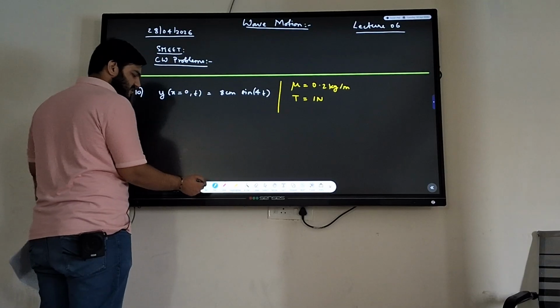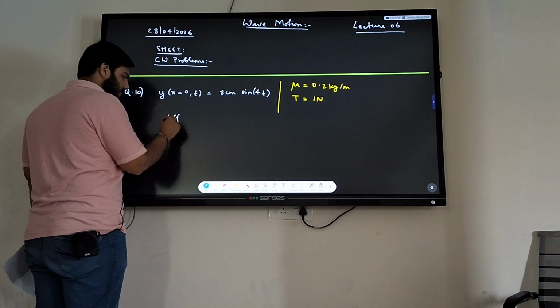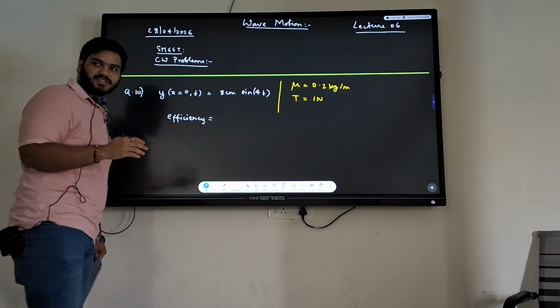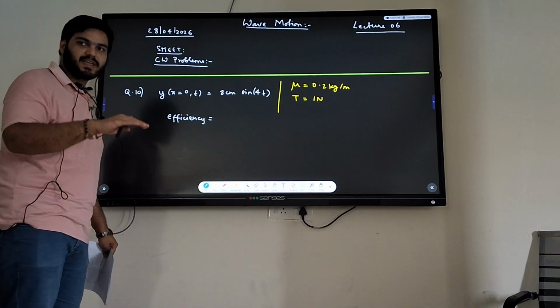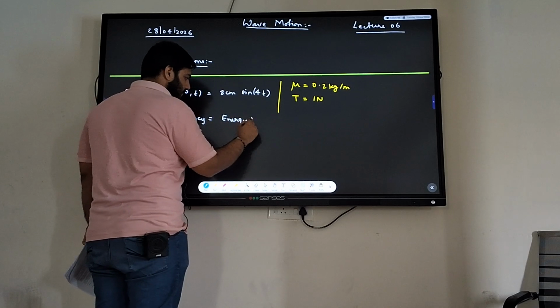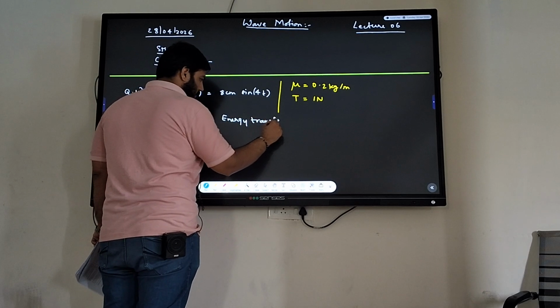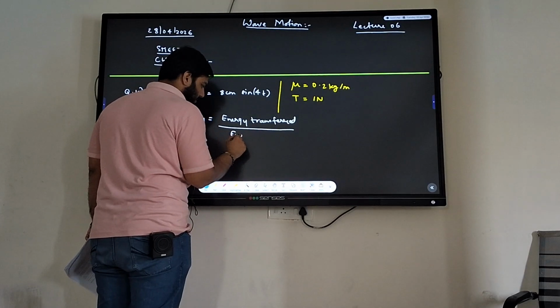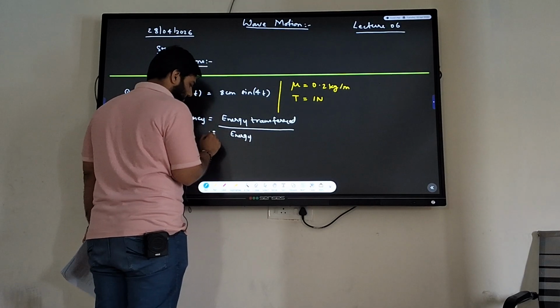How is efficiency defined, by the way? Efficiency is energy transferred divided by total energy carried.